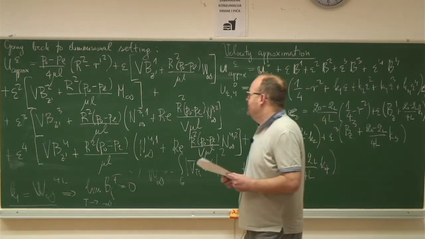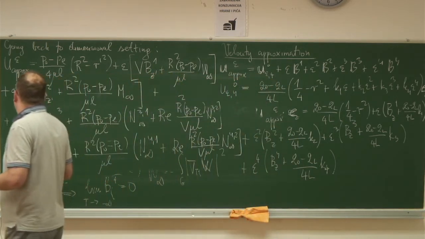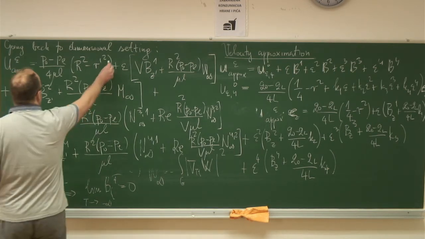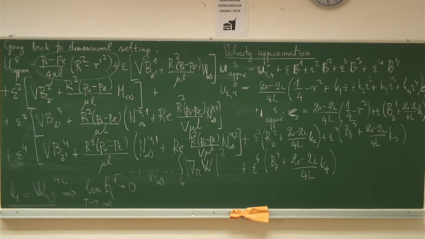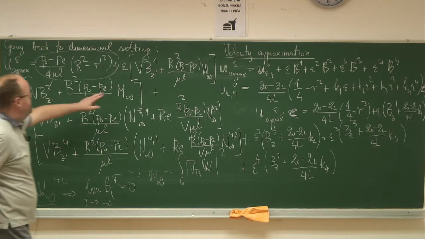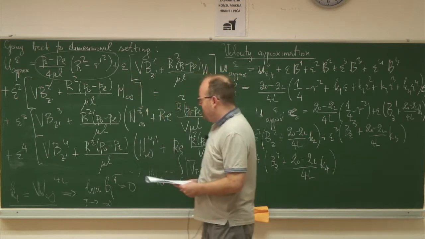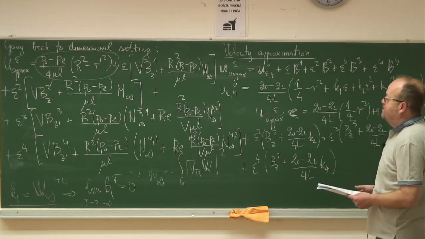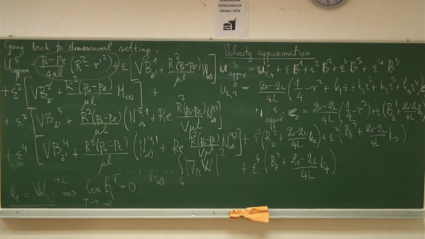Okay, so let us look at this approximation that we obtained. So this is the standard Hagen-Poisson velocity. So this here represents the higher order correction of the standard Poisson velocity. It obviously feels the roughness-induced effects, because the small parameter epsilon essentially denotes the average boundary roughness.